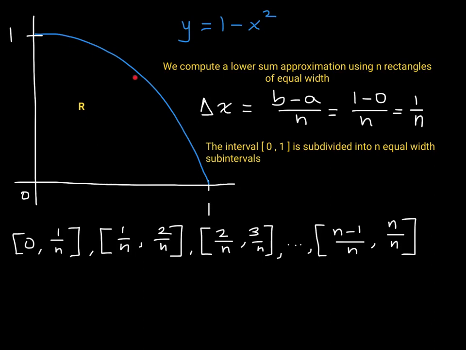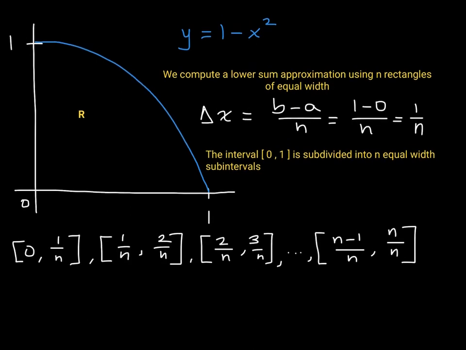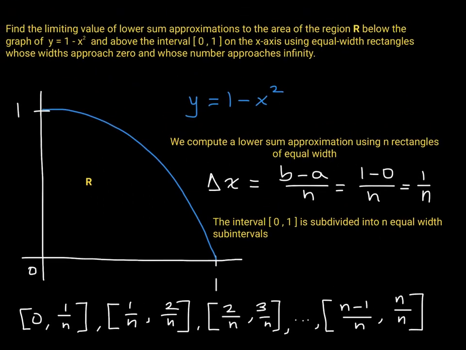Now, our function is decreasing. And so they wanted us, if you remember, I can scroll back up for us if it helps. It says find the limiting value of the lower sum. So they want us to use a lower sum. Remember, we can use an upper sum, a lower sum, or a midpoint sum, but they're being explicit that they want us to use a lower sum.